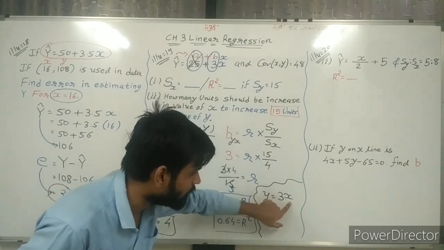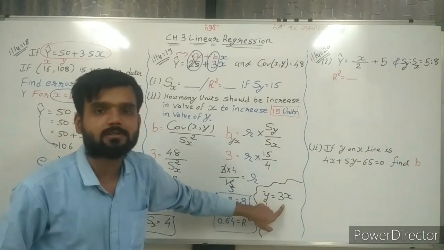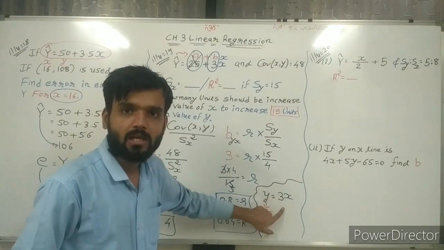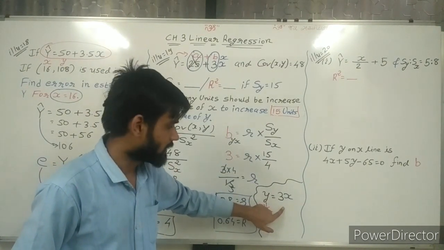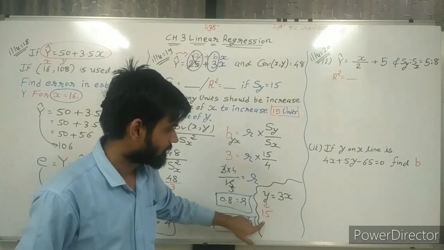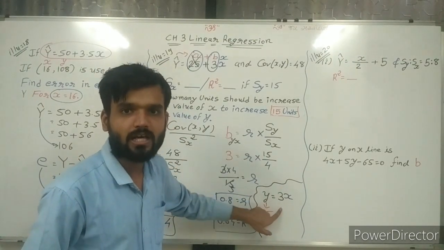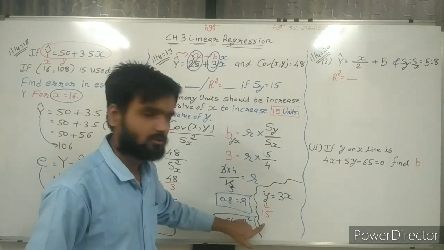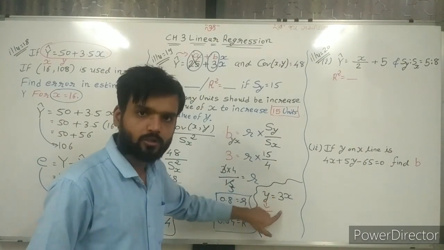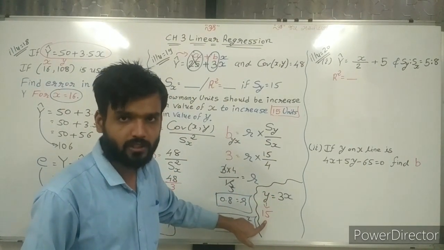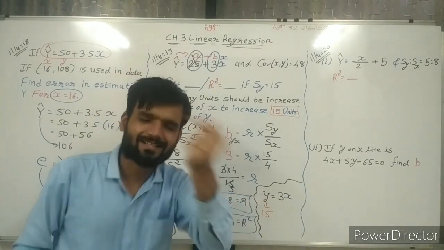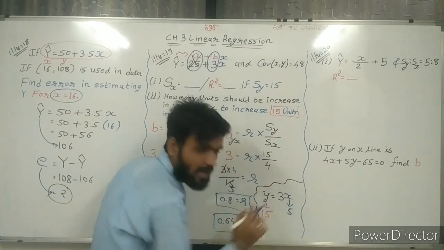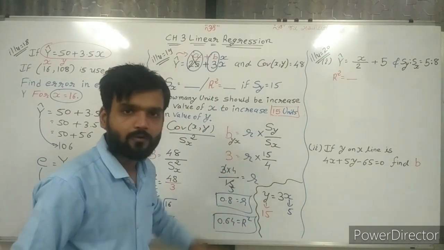If I write 1, then 1 3s are 3, not 15. If I write 2, 2 3s are 6, not 15. 3 3s are 9, not 15. Place 4, 4 3s are 12, not 15. 5: 5 3s are 15. Yes sir, if I place the value of x as 5, then 5 3s are 15.